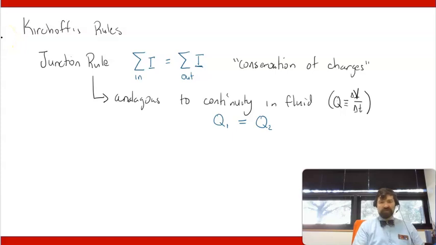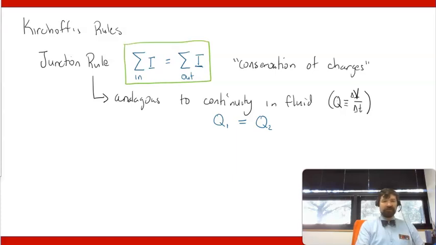Okay, so that is the junction rule. The main boxable equation, if you want to put a little box around something, is this one right here: current in equals current out.